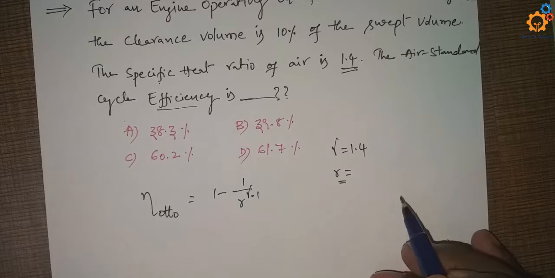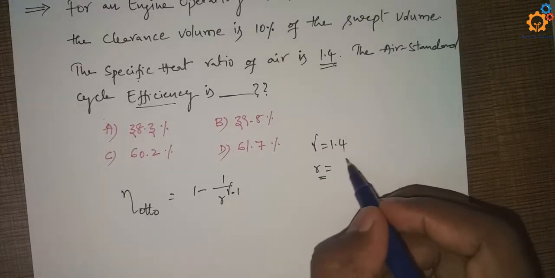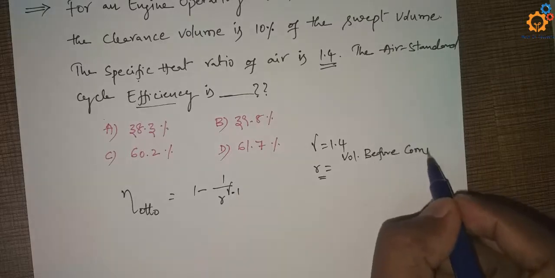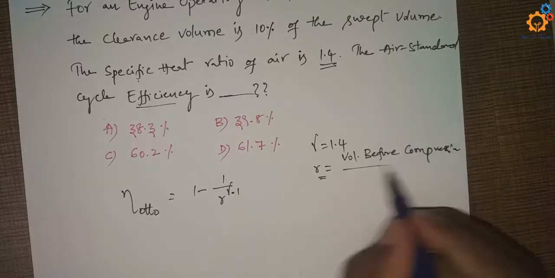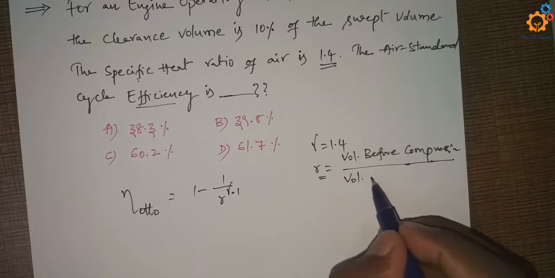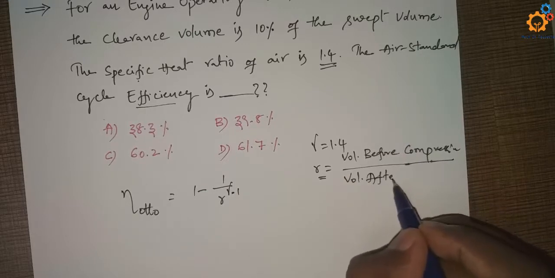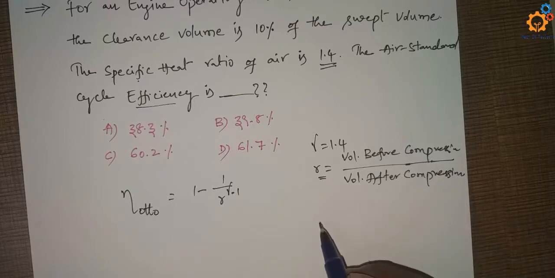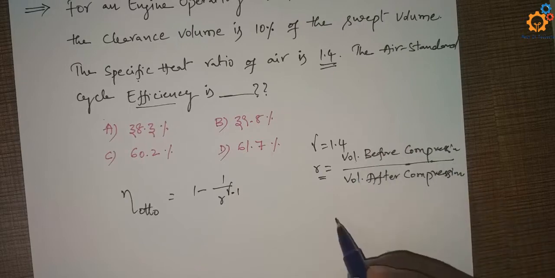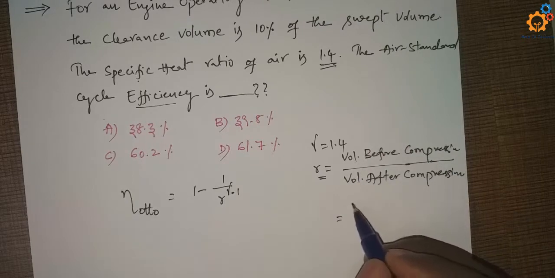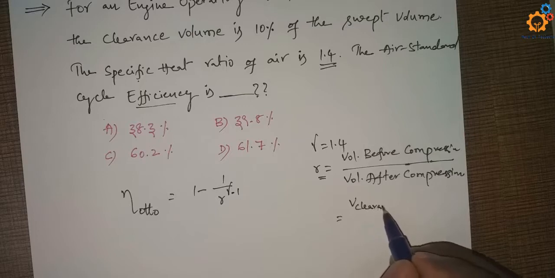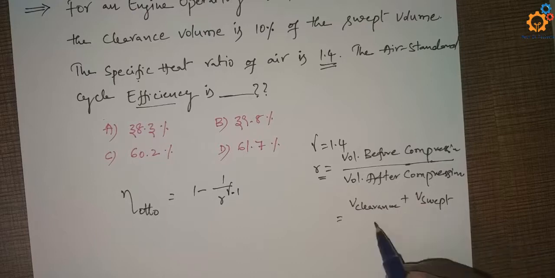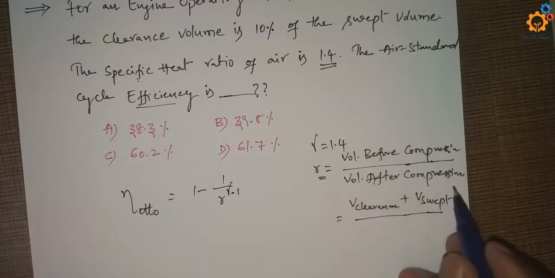What is compression ratio? Compression ratio is volume of the cylinder before compression by volume of the cylinder after compression. This is what we read in the previous lecture, right? Volume before compression means the total volume of the cylinder, that is clearance volume plus swept volume of the cylinder by volume after compression.